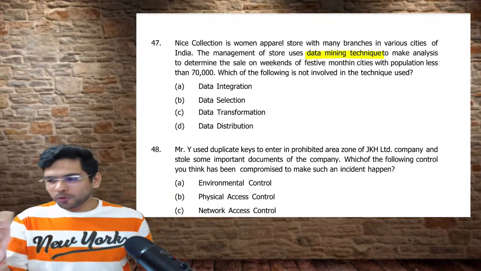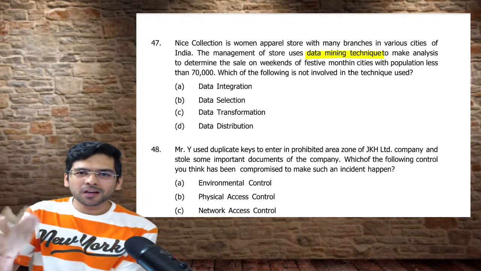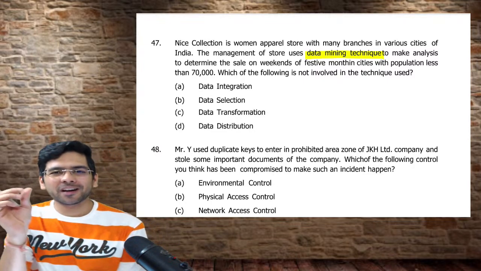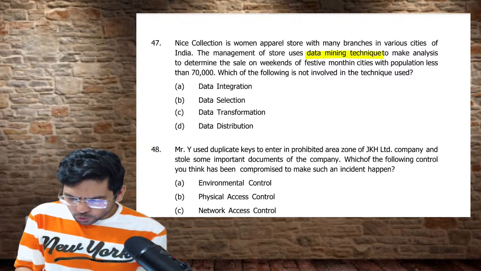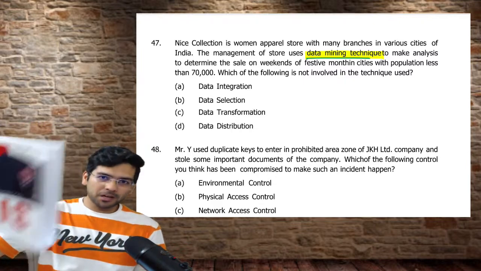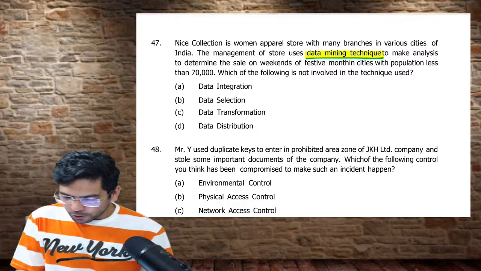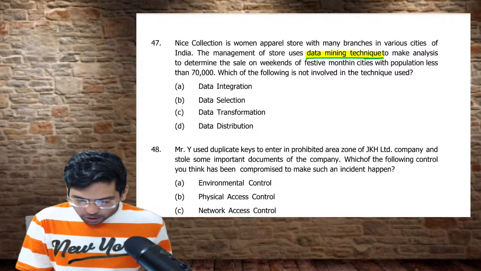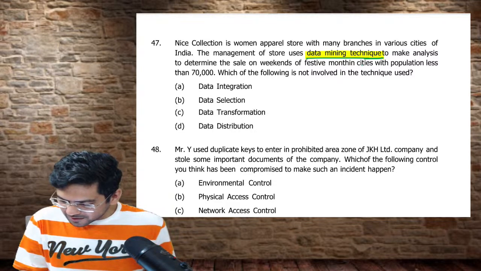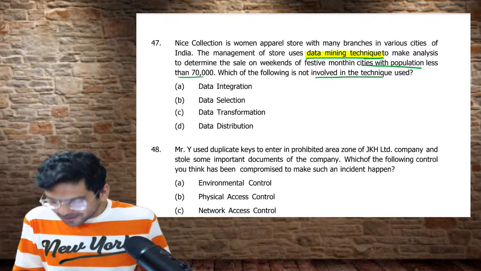In my book, I generally discuss data mining in chapter number 2 with respect to data analytics. Anyways, let's do it. The management of the store uses a data mining technique to analyze the sale on weekends of the festive month in cities where population is less than 70,000. Which of the following is not involved in the technique used?